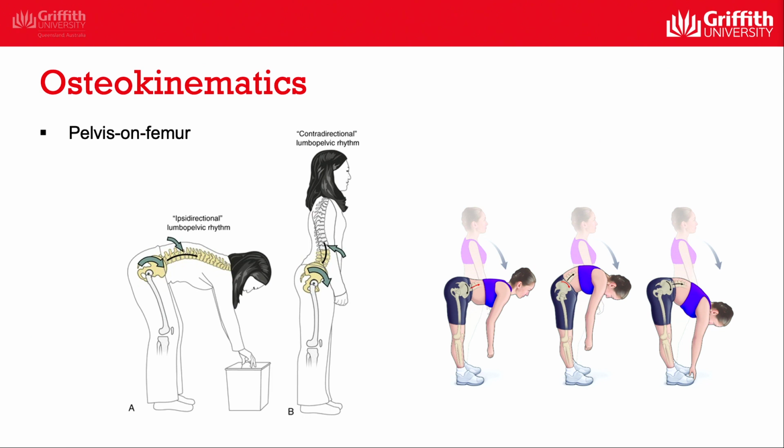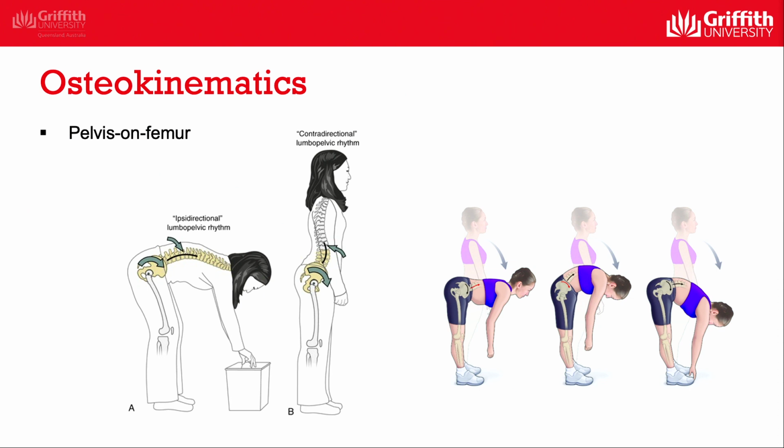In this slide, you'll see that we're now looking at the pelvis moving on the femur. So if the femur is stationary and we bend forward, the pelvis is moving, but this is also hip flexion. Or if we're going from a bent position to standing back up, that's also going to be hip extension in terms of the movement, and it's actually the pelvis moving on the femur.